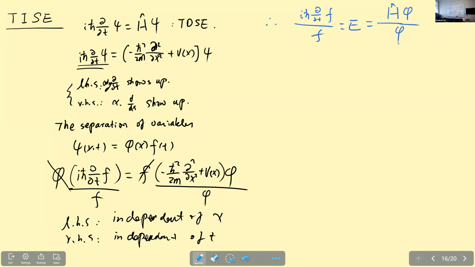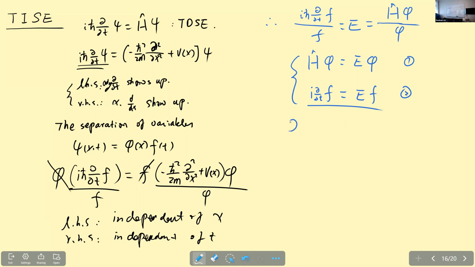That means you get two equations. This is the first equation, this is the second equation, and the first one is very easy to solve.